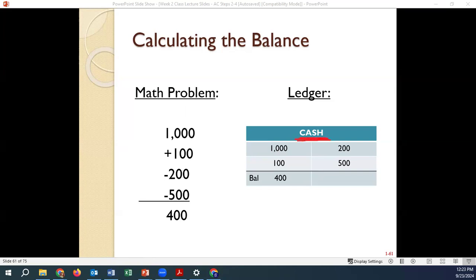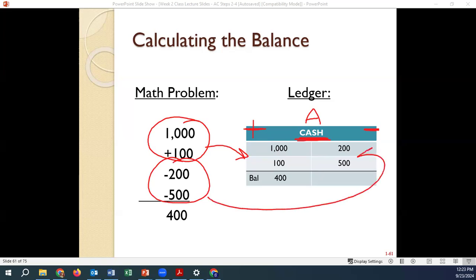Well, this account is cash, which is an asset account. And our debit credit rules tell us that for an asset account, debits are positive numbers or increases, and credits are negative numbers or decreases. So you notice here, these two positive numbers are on the debit side, and these two negative numbers are on the credit side.